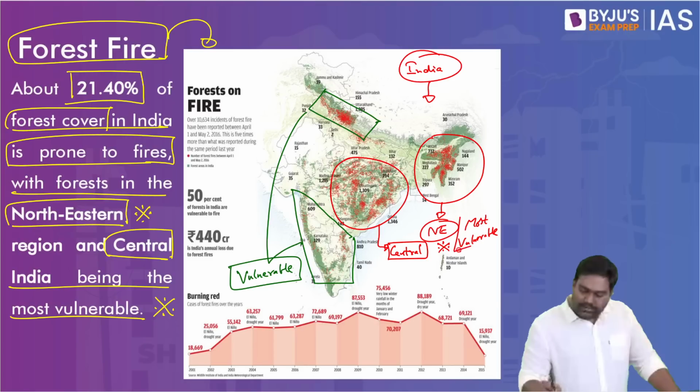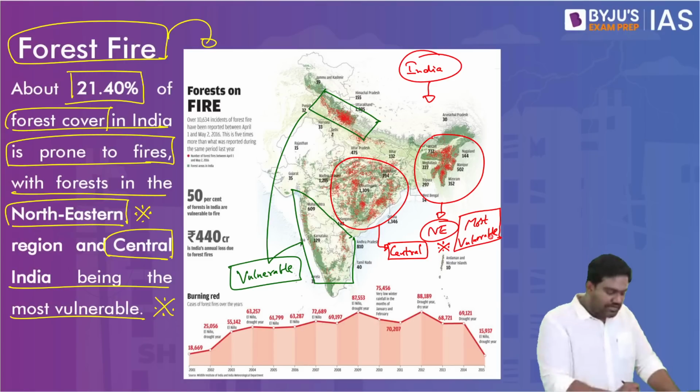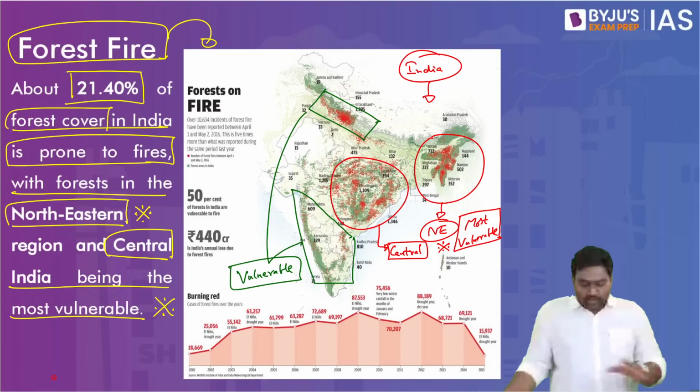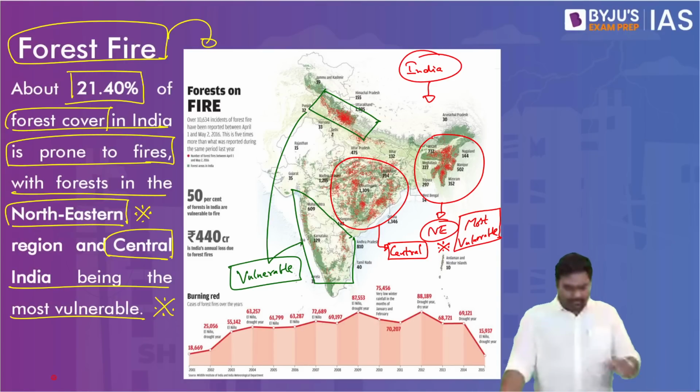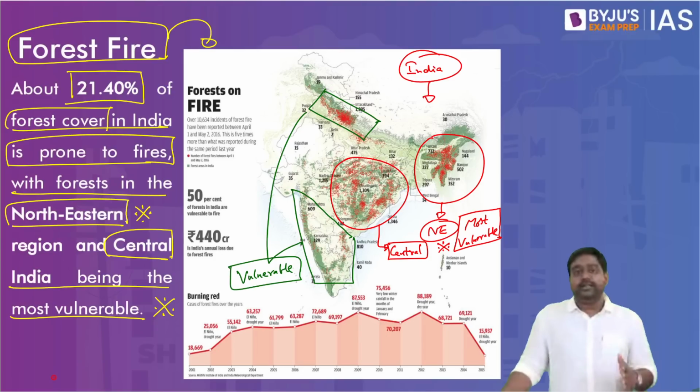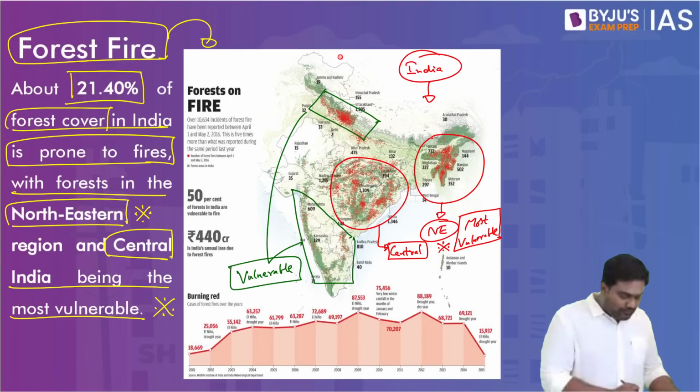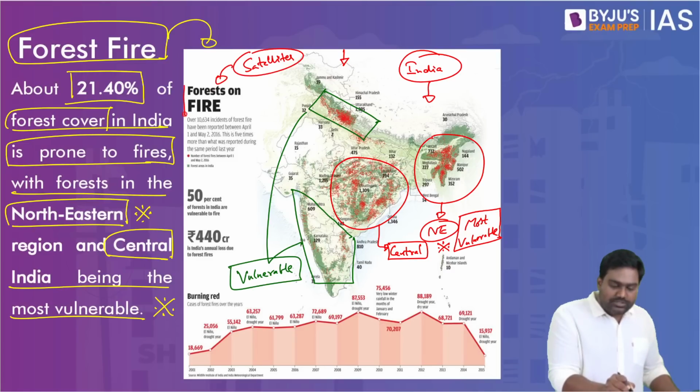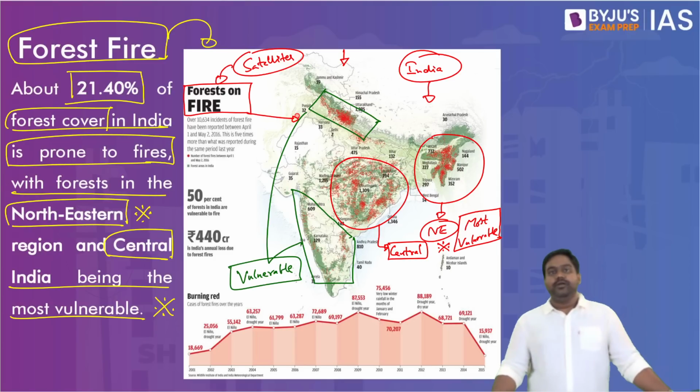So every year in India, there are thousands of forest fires which are detected. In fact, you're looking at a satellite map. It's a map generated through satellite data, which keeps track of forest fires, because satellites are very effective in monitoring forest fires. They can keep a watch for the start and spread of forest fires, and they can give very reliable real-time data.